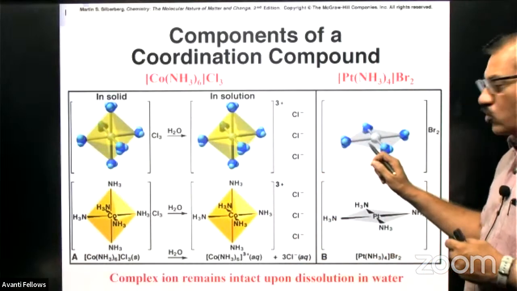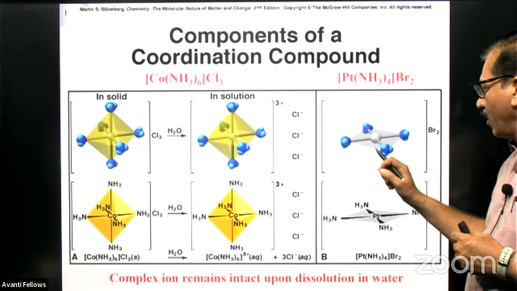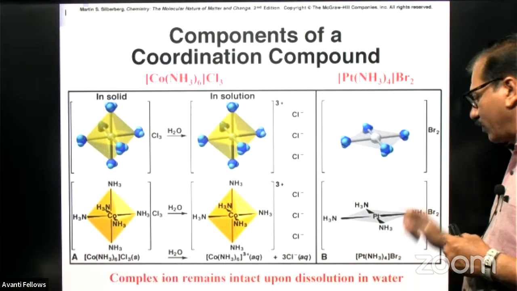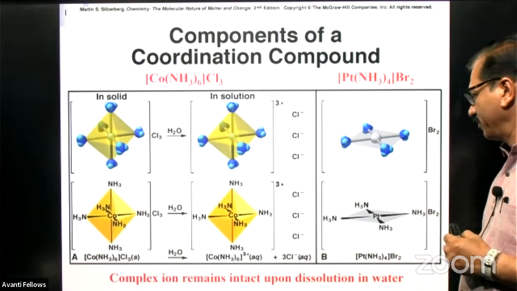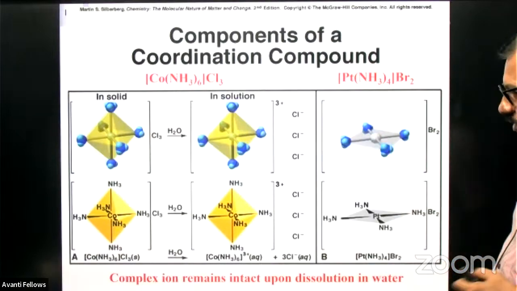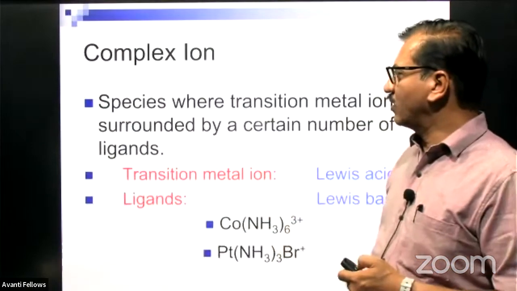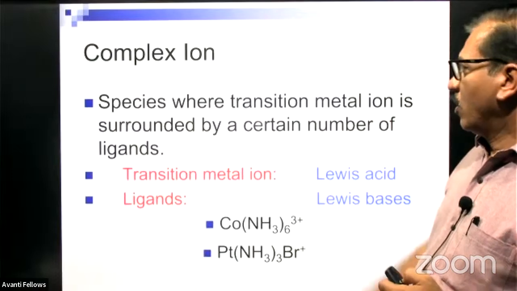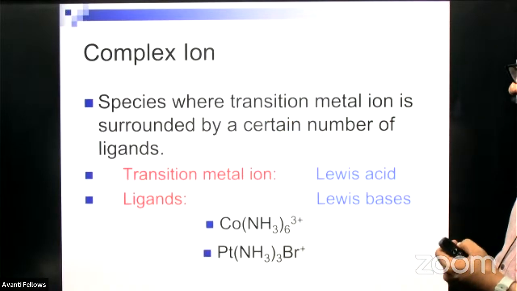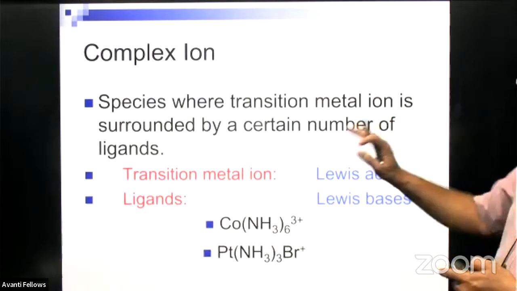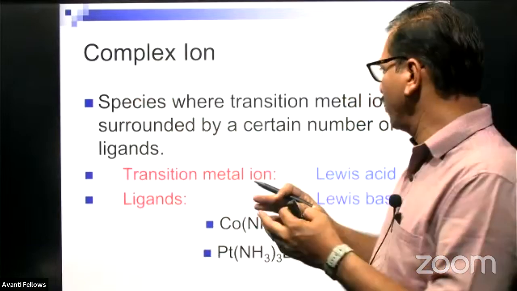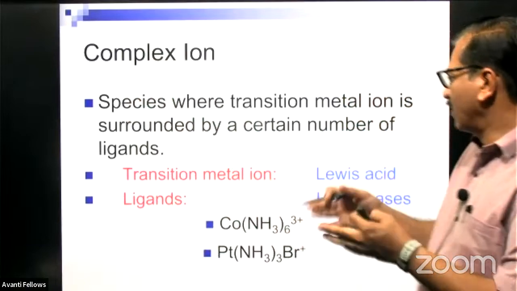Now there can be a square planar complex. You can see a square planar complex, Pt(NH3)4, a platinum complex, where these are all ammonia. This is the way transition elements are present. A complex ion is one in which a transition metal ion is surrounded by a certain number of ligands.